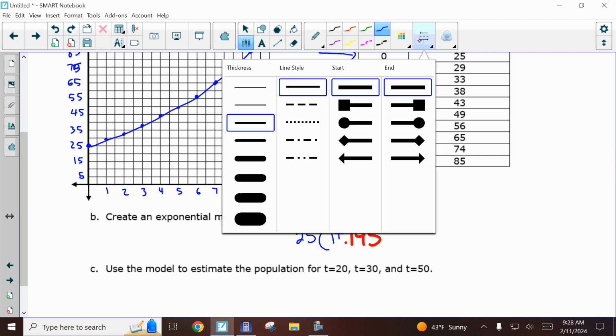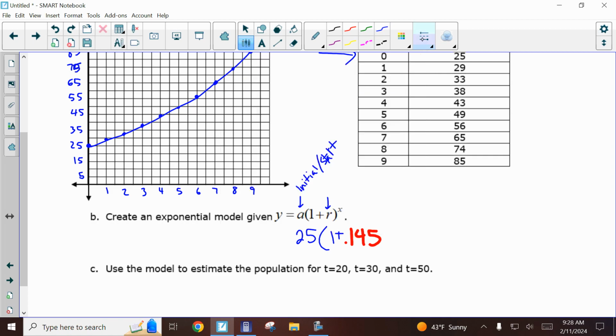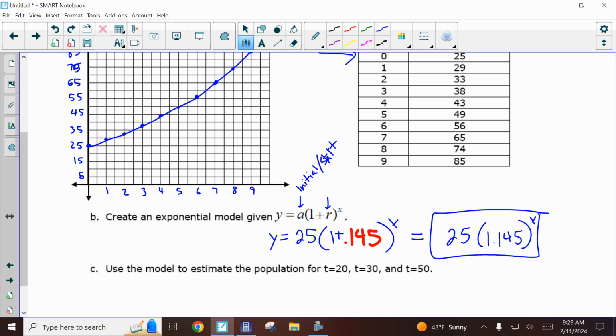And then we can close this up and then put the exponent of x and y. And then we can simplify this. So this is going to be 25, 1.145 to the x. That's the answer for the formula. We put y equals here, squeeze that in.